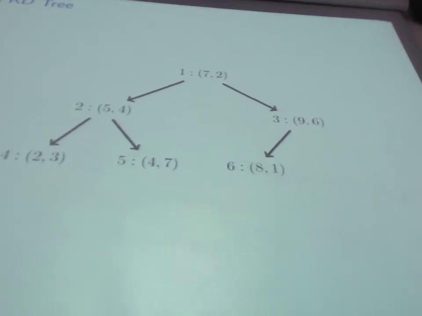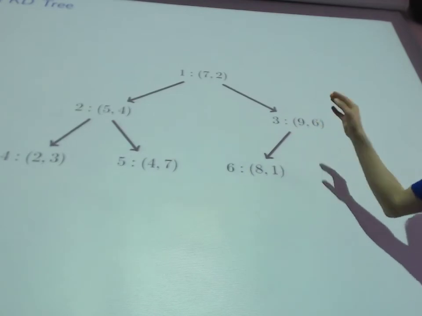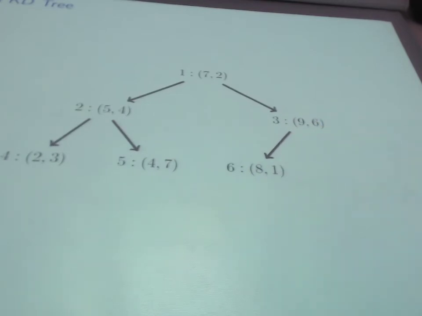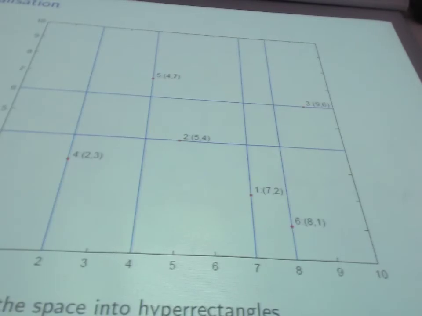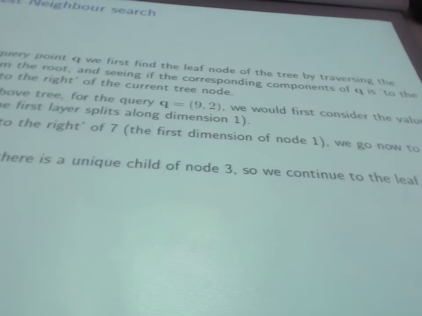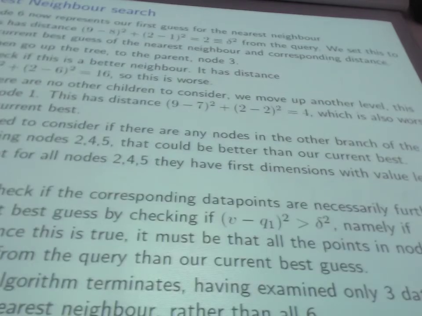Whatever the data point is, you rattle down the tree to a leaf, splitting according to the dimensions. Now that you're here, you're going to start to work your way back up the tree. So that's the first stage: you rattle through to a leaf.